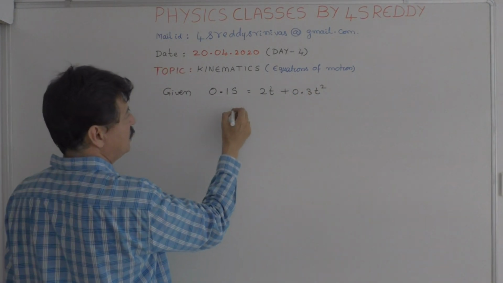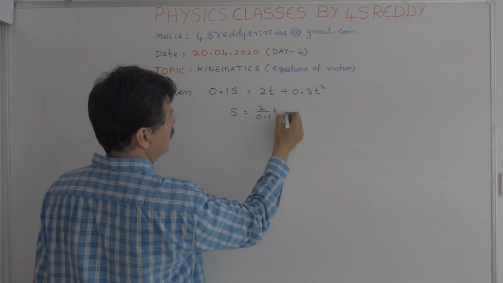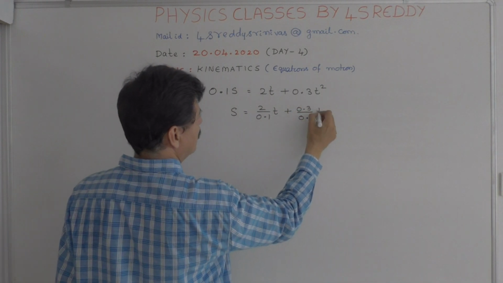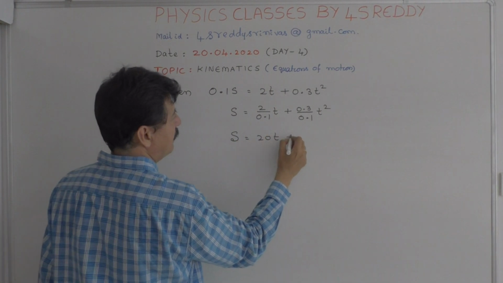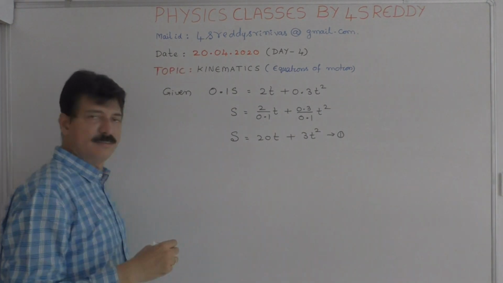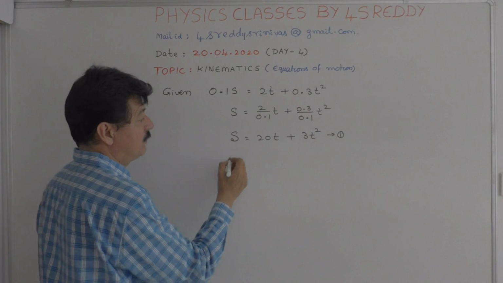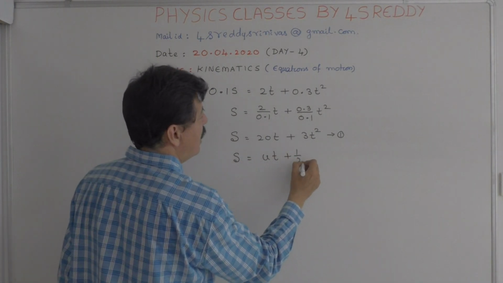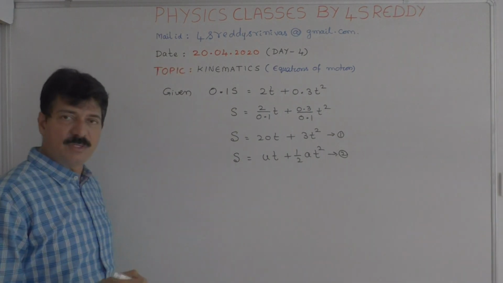Divide both sides by 0.1, that s is equal to 2 by 0.1 t plus 0.3 by 0.1 into t square, or s is equal to 20t plus 3t square. This is equation 1. But we know it is analogous to ut plus half at square. That is equation number 2.